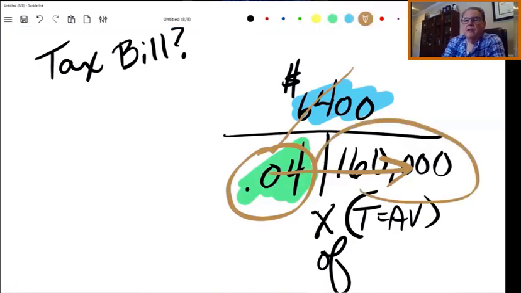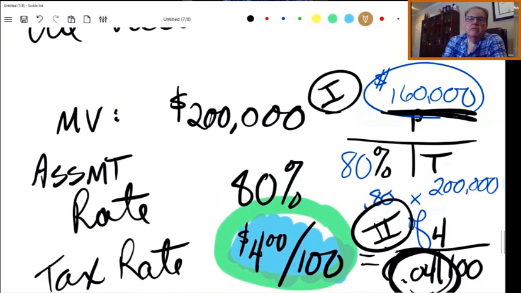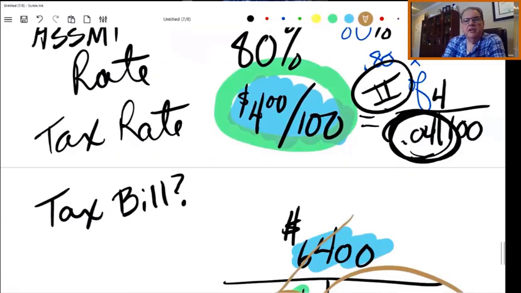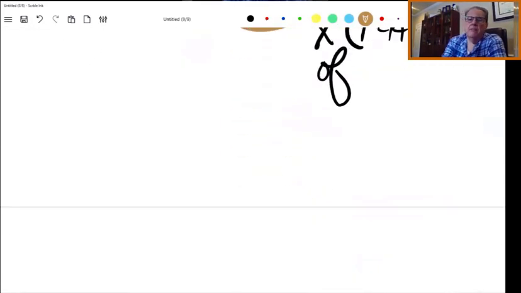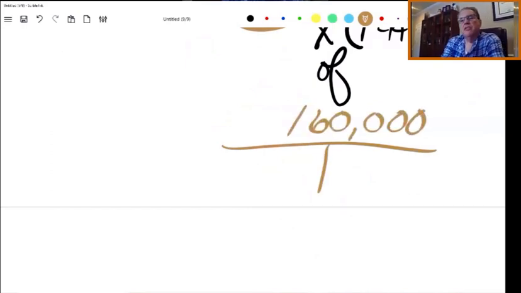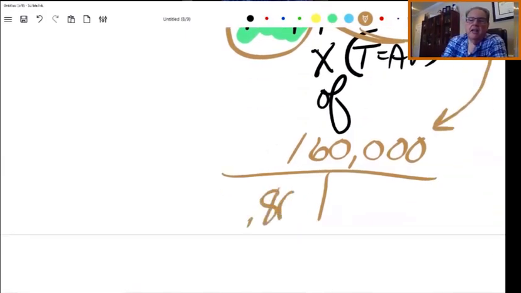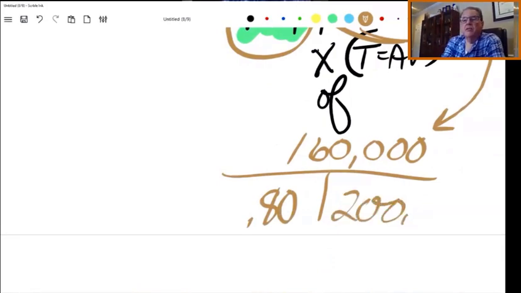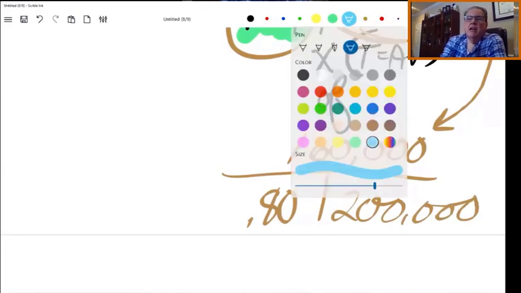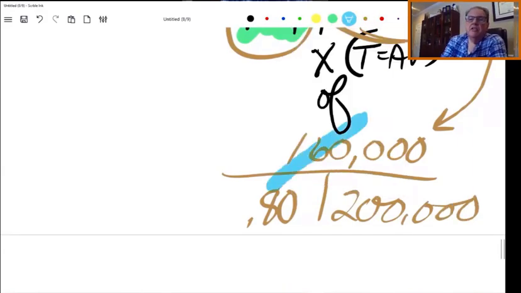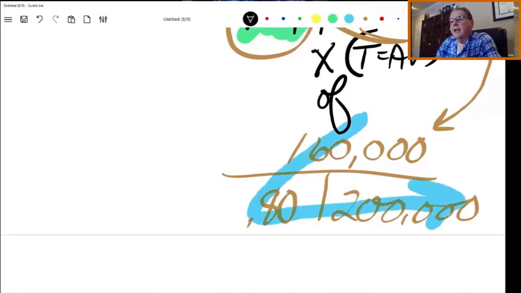That's the assessed value. But if they want to know the market value, again, not a problem. The part that represents assessed value, which we pulled down from here, divided by 80%, the assessment rate, gets us right back to the beginning. 160,000 is 80% of 200,000.